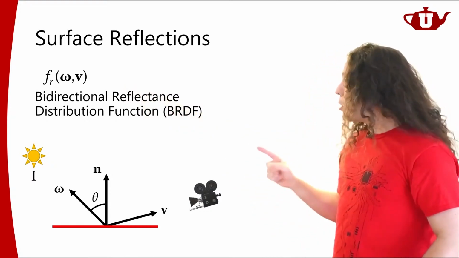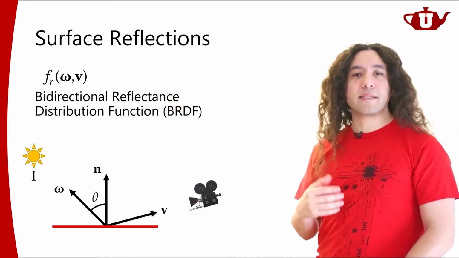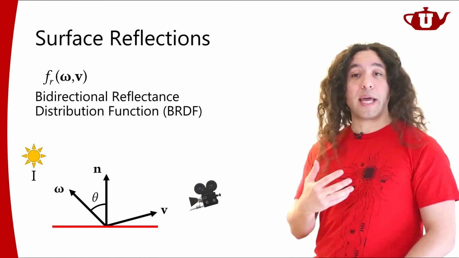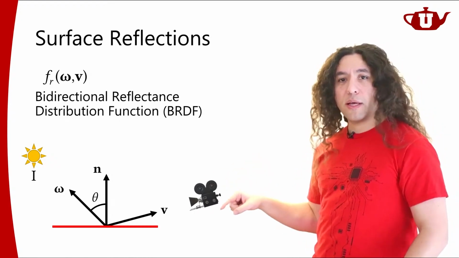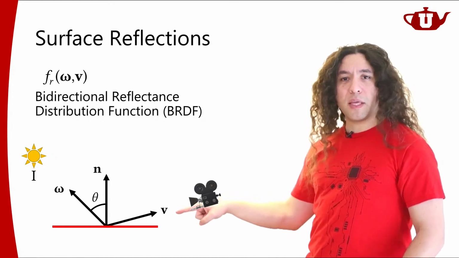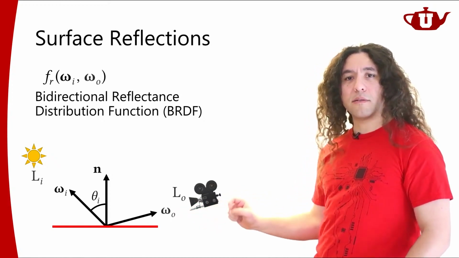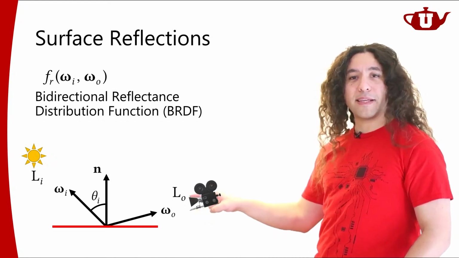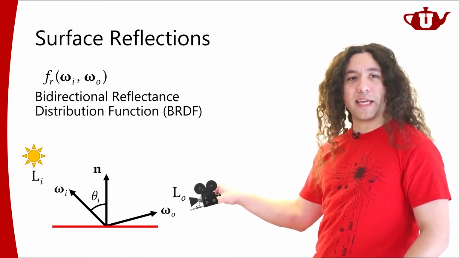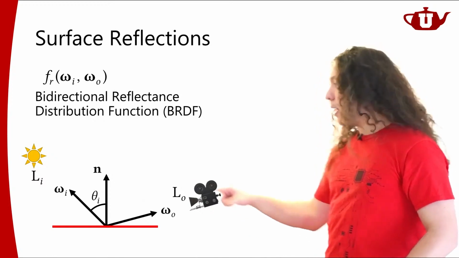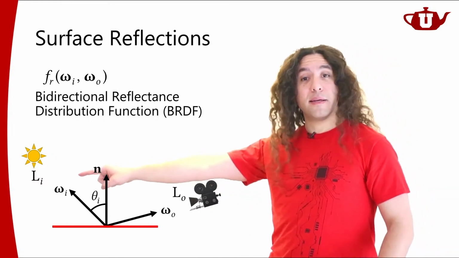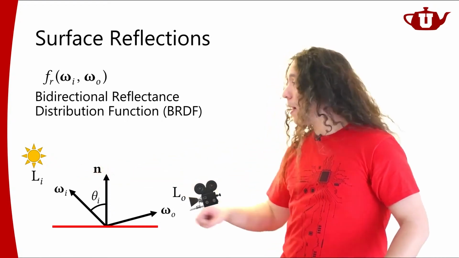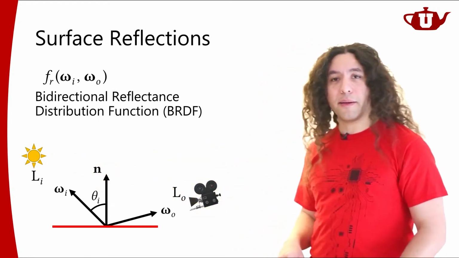Now let's bring these terms to a form that is more generally used in the context of rendering equations. So I'm going to replace these terms. Instead of V here, I'm going to use omega_o, and the outgoing light that I'm going to be seeing is going to be L_o. Then incoming light direction is going to be omega_i, and incoming light is going to be L_i.